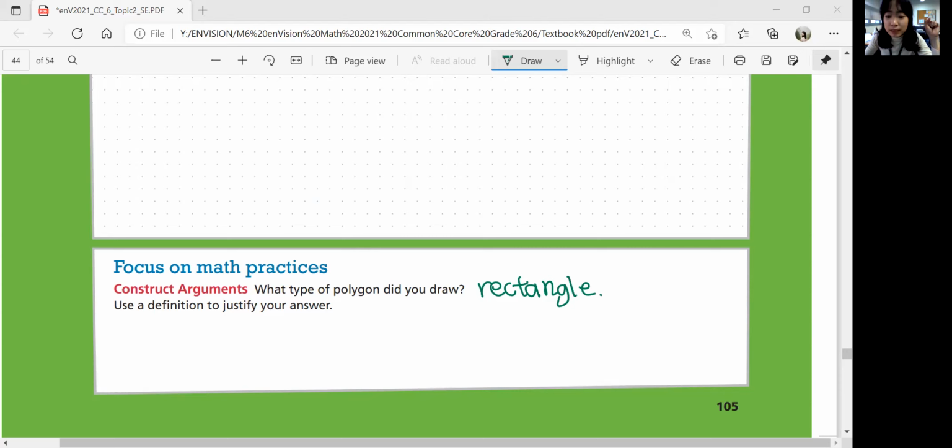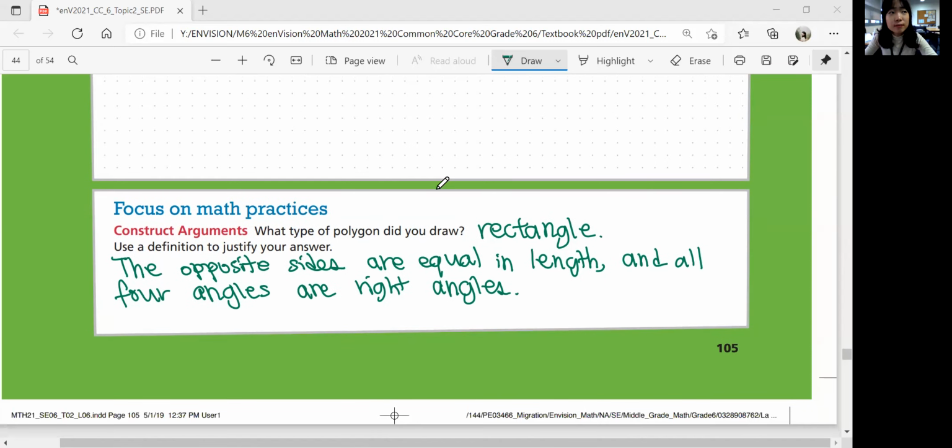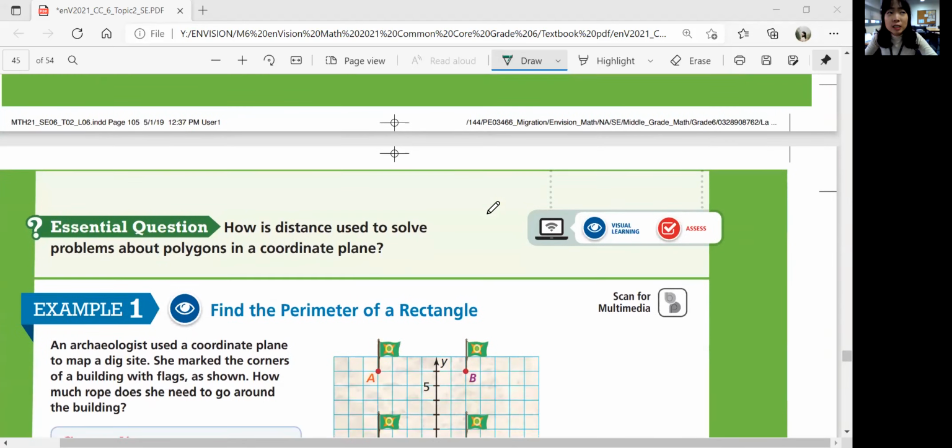Those are the properties of rectangle, and those are the definition of the rectangle. Let's write that down. The rectangle, by definition, has opposite sides equal in length, and all 4 angles should be right angles.